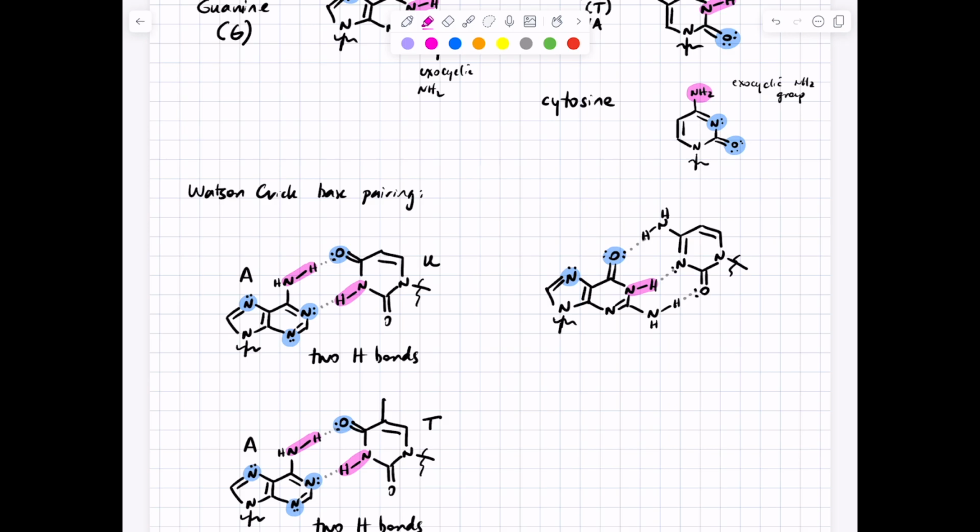A donor on cytosine interacts with acceptor on guanine and vice versa. And notice that each GC pair has 3 hydrogen bonds.